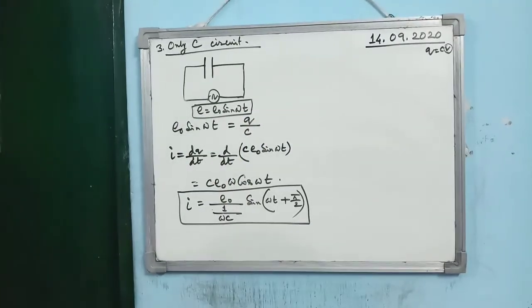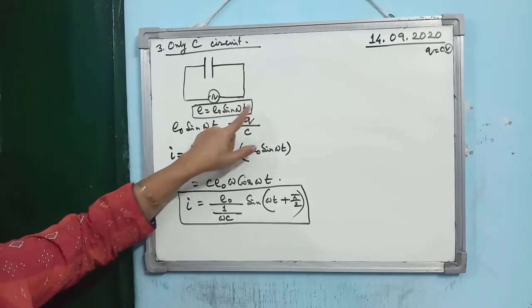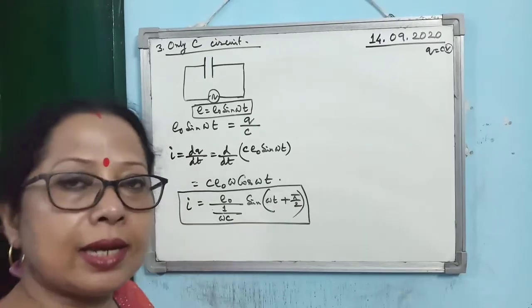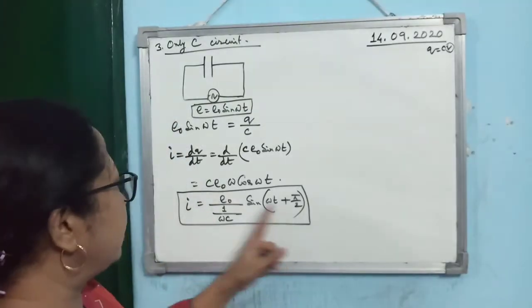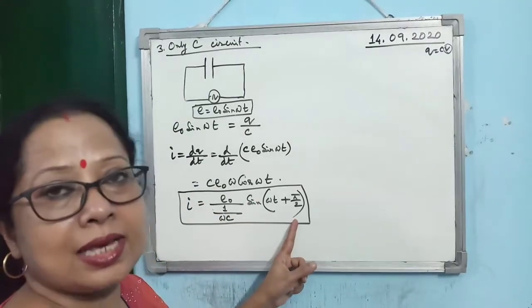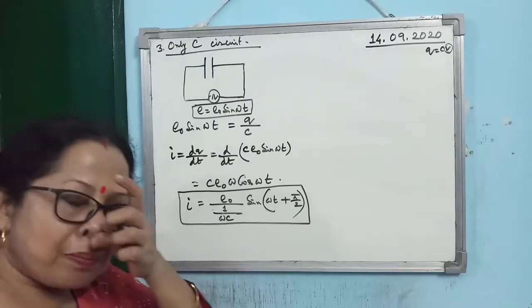Now if you look at the phase part, for EMF it is omega t. For current, it is omega t plus pi by 2. Plus sign indicates that the current is leading the EMF, ahead of EMF by an angle pi by 2.